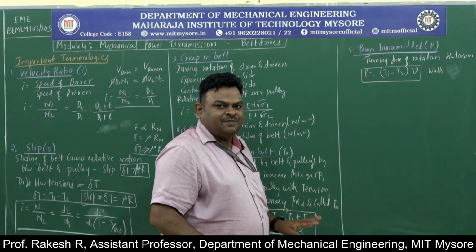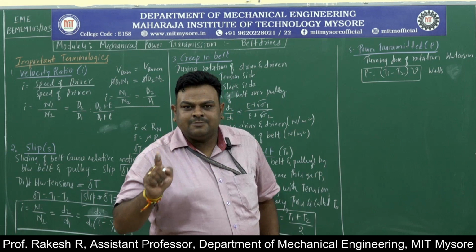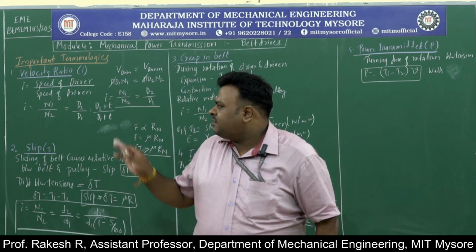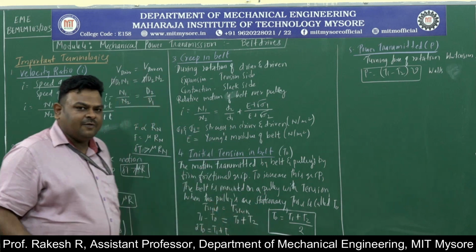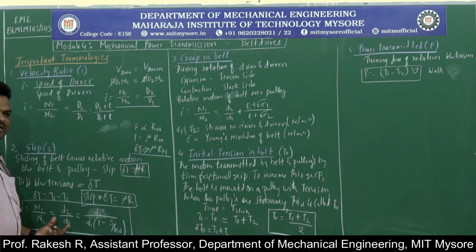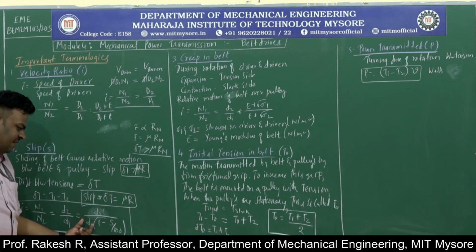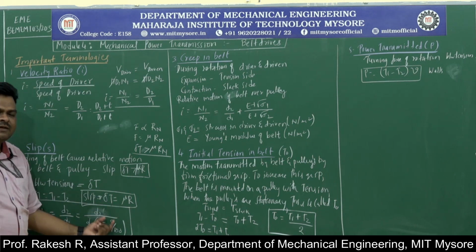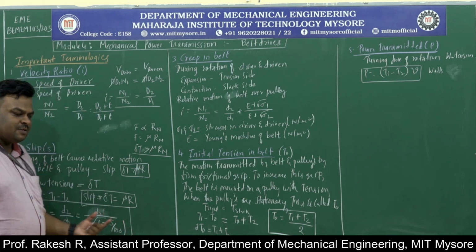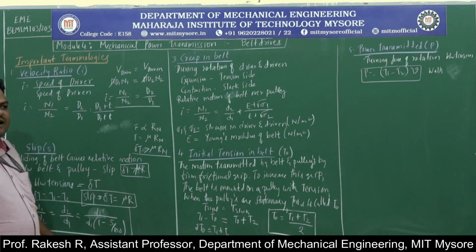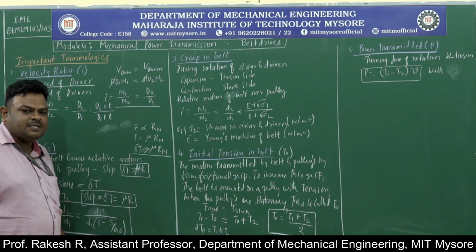We don't want this sliding, because the speed can increase or decrease and we lose velocity. That's why the slip condition needs to be avoided. The equation for slip is d2 divided by d1 into (1 minus s by 100). Slip is measured in percentage, that's why s by 100 is considered. This is the equation to calculate the velocity ratio when you consider slip.